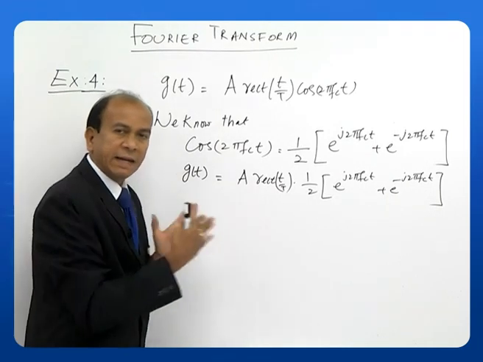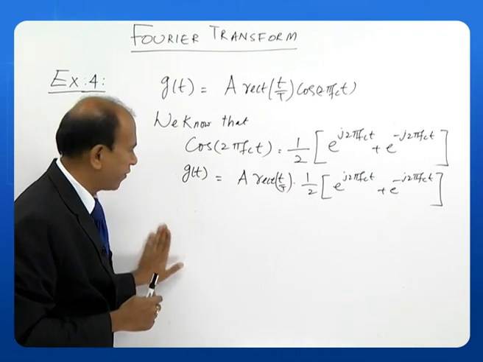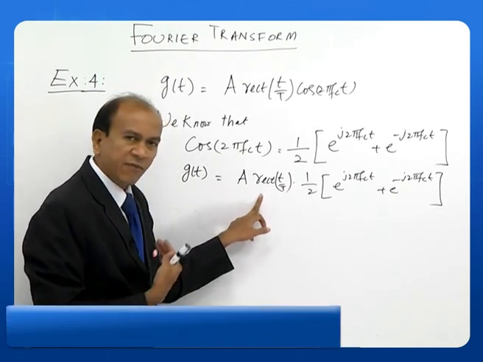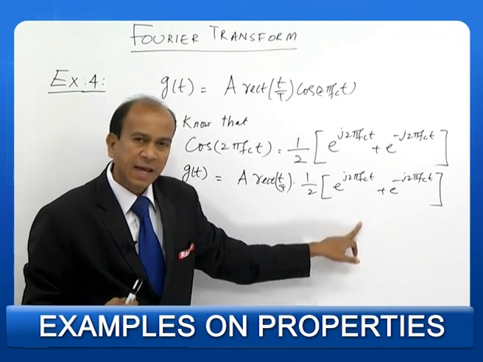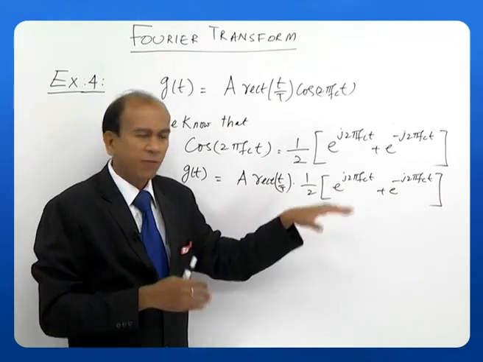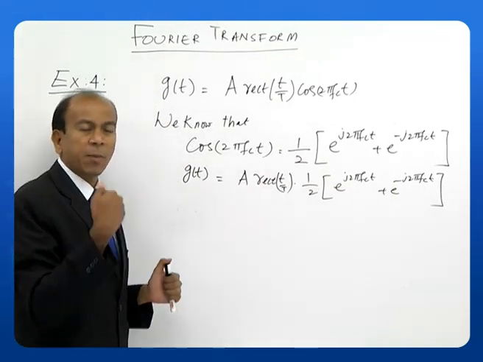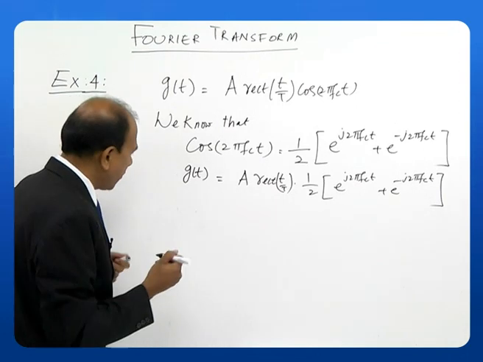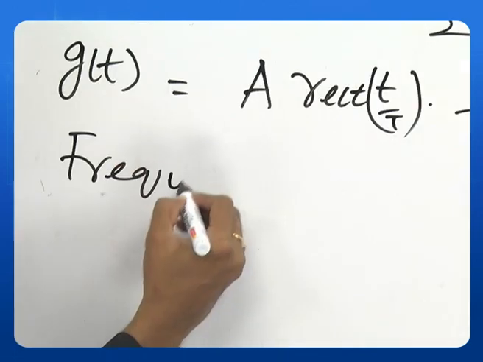Now, we have to get the Fourier transform of this, that is G of f. If you see here, the rectangular function is getting multiplied by e to the power of j2 pi f c t once, and then e to the power of minus j2 pi f c t a second time, of course scaled by a factor 1 by 2. So, now we have to identify which property to use here. If you look at Fourier transforms, there is one property called the frequency shifting property.